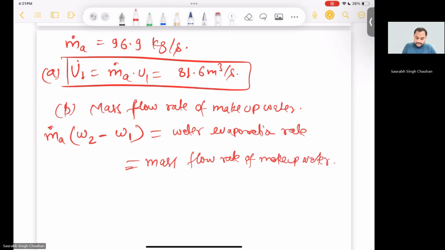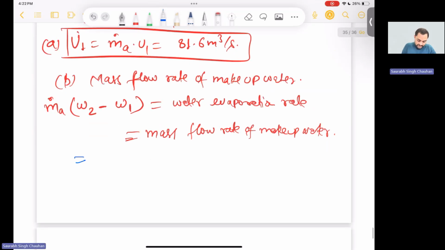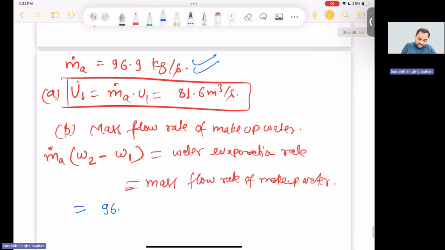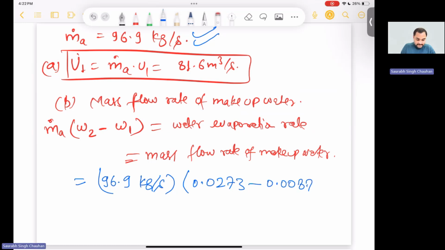And this will be the same as the mass flow rate of makeup water. Okay, and this value will come out to be, I'm writing the final value, m_a you will find from part A, 96.9 kilogram per second, and omega 2, that is the humidity at outlet, that is 0.00273, minus at inlet it is 0.0087.